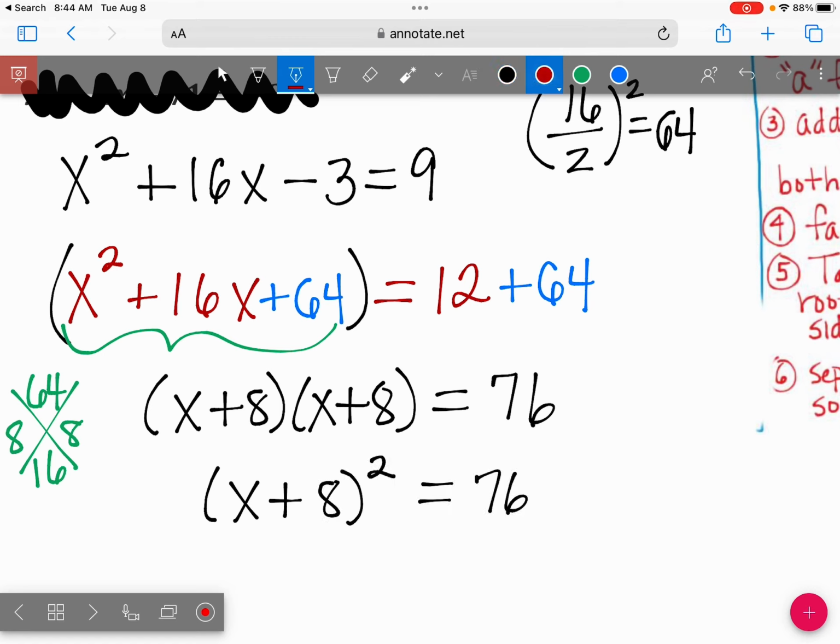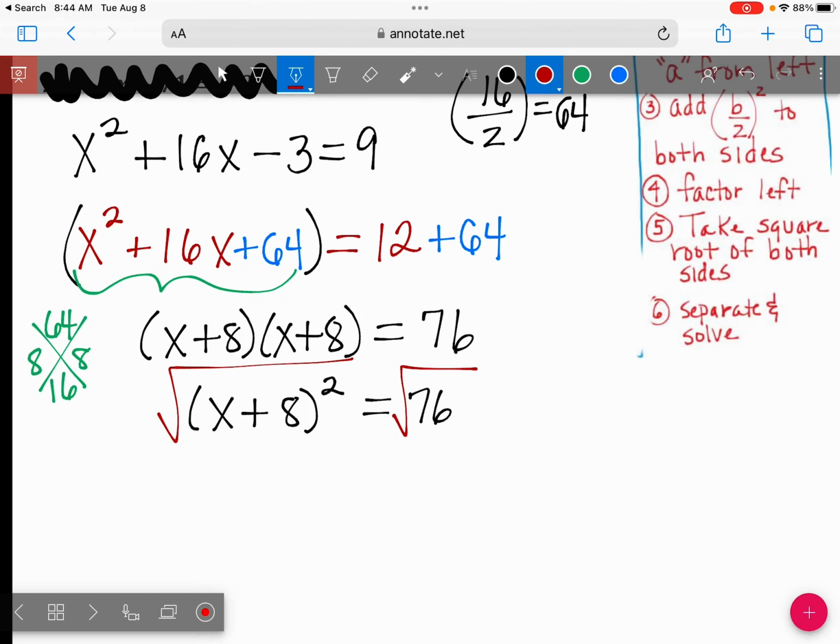So now we're ready to take the square root of both sides. 76 is not a perfect square, but it can be broken down to 4 times 19.